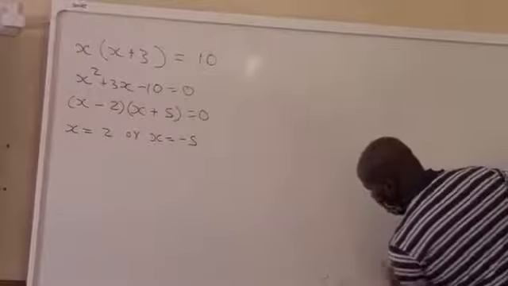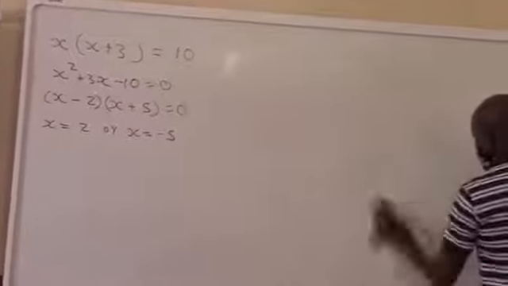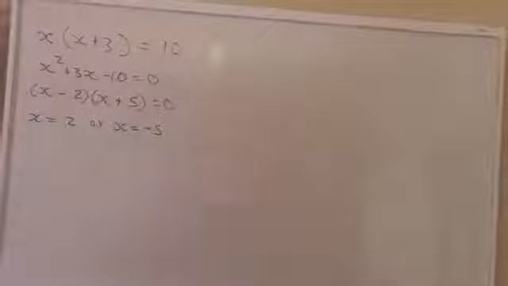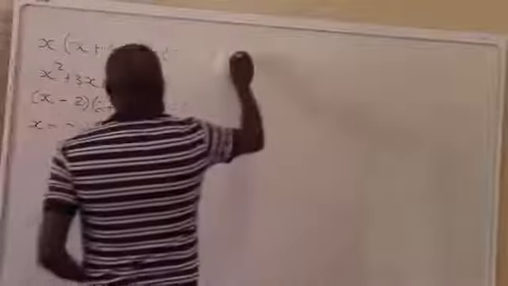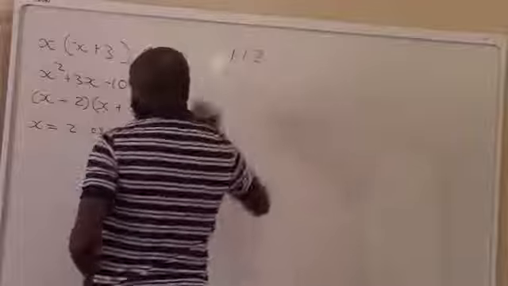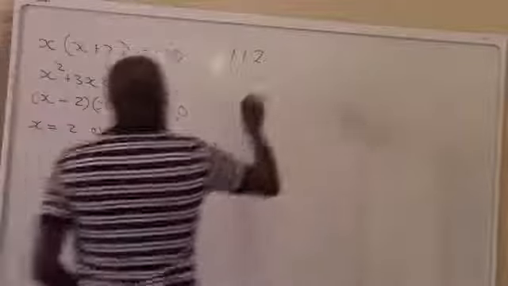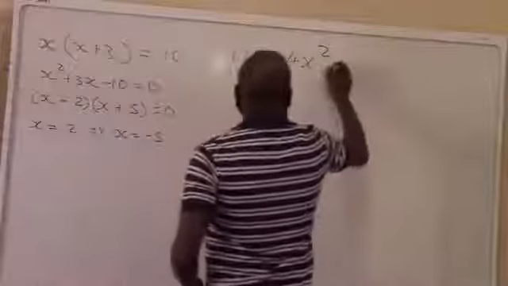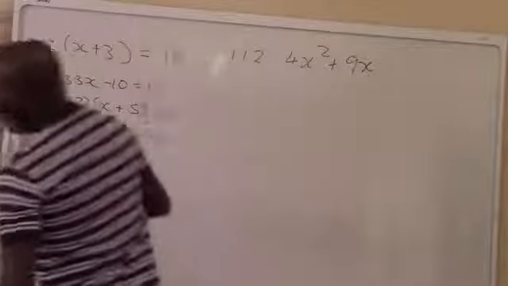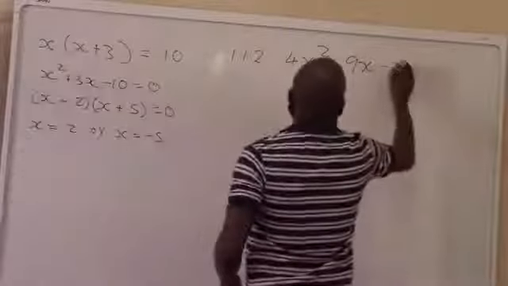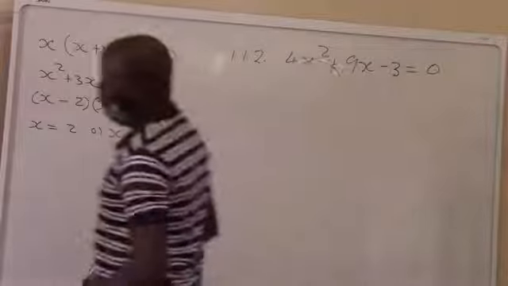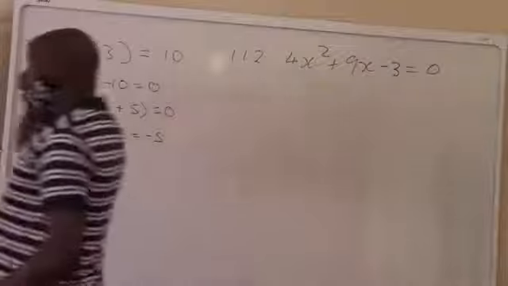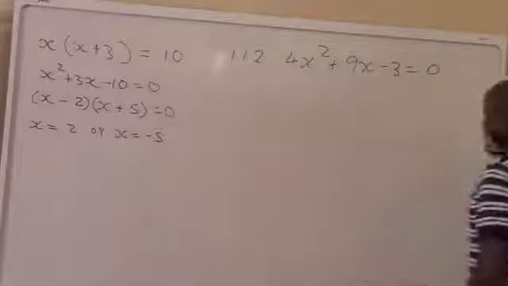For example, 1.1.2 of 2017 was 4x squared plus 9x minus 3 is equal to 0. And they said the solution must be left correct to 2 decimal places.